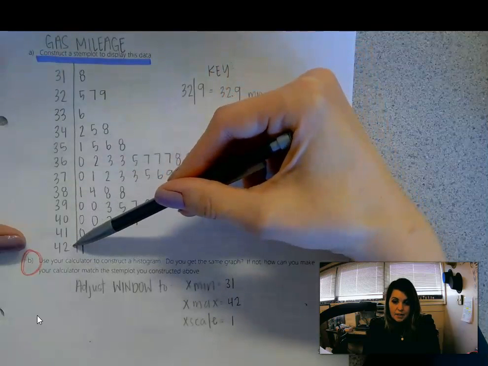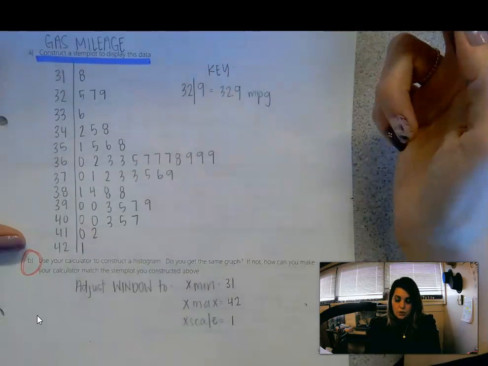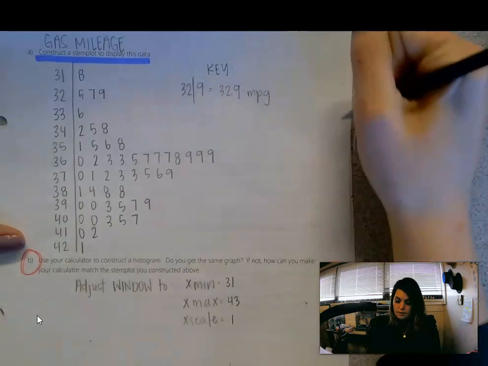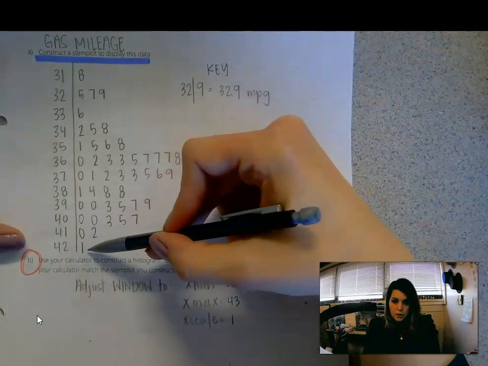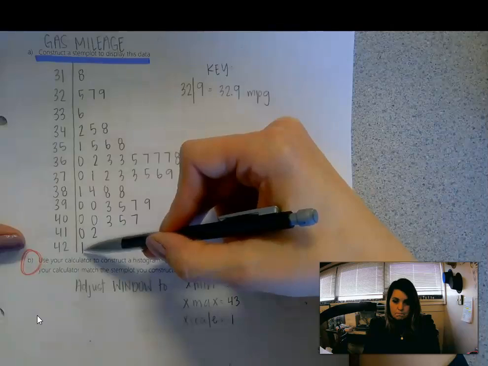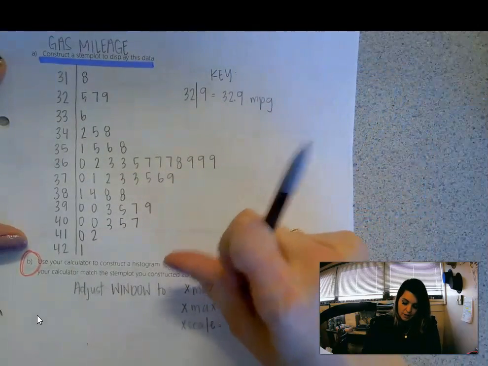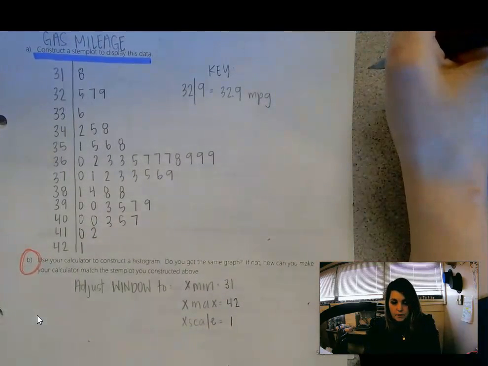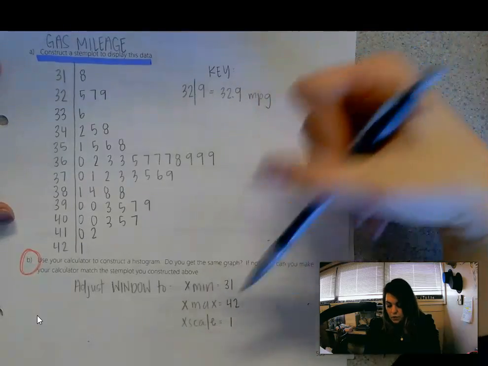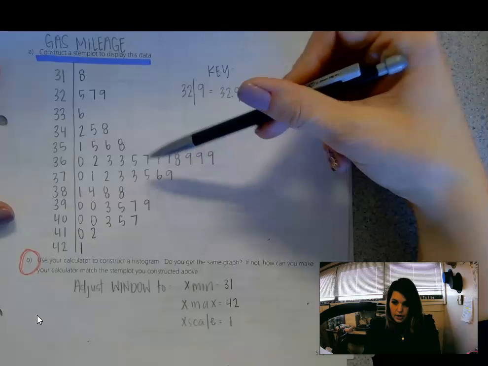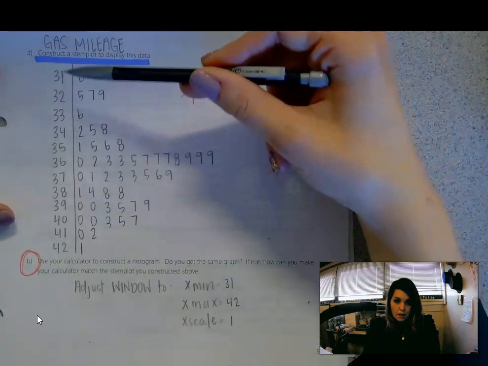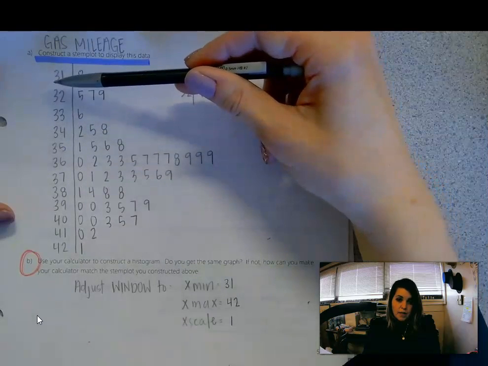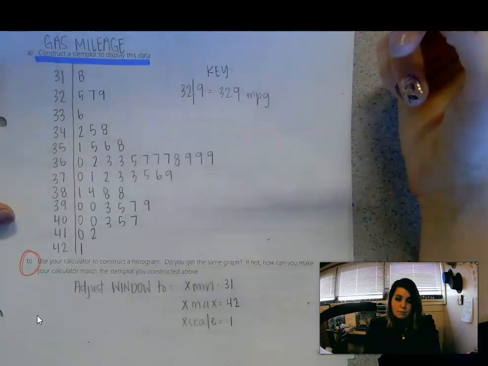Our X max is 42, but now I'm thinking that it needs to be 43, because 42.1... no, it can be 42, because 42 is included and goes up to 42.999. So that's right, and then your scale is 1. To make your histogram look the same as this stem plot, your x min is 31, your x max is 42, and then you increase by 1 each time.